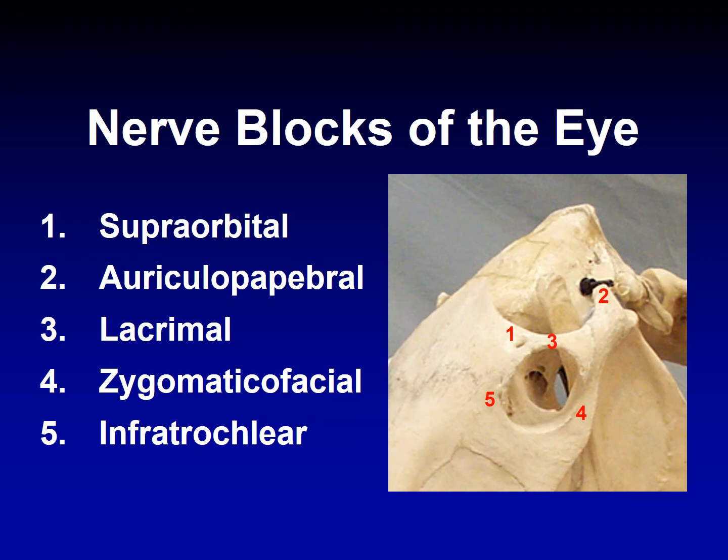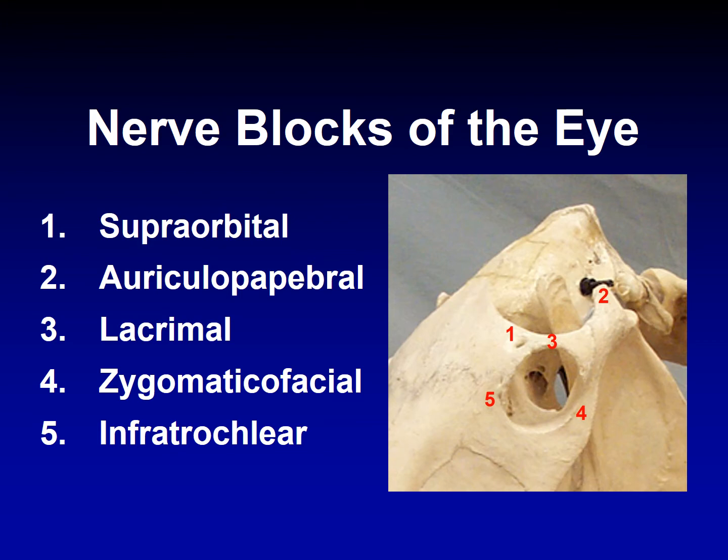This picture shows where these nerves are coming around the eye and close to the eye. So the first one, number one, is the supraorbital, and this is pretty easy because it's coming from the supraorbital foramen, and it's pretty easy to palpate on the equine skull. Number two is the auriculopalpebral.